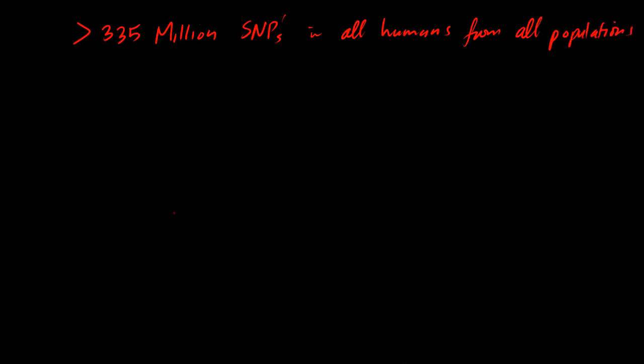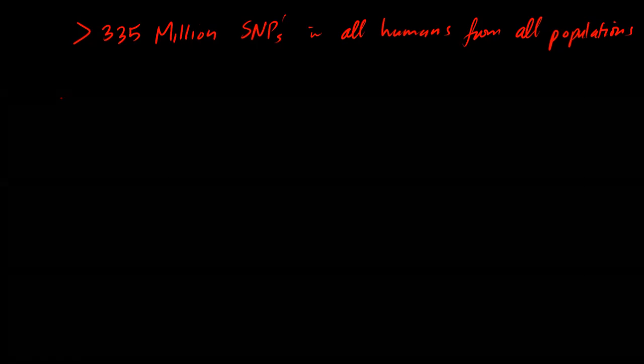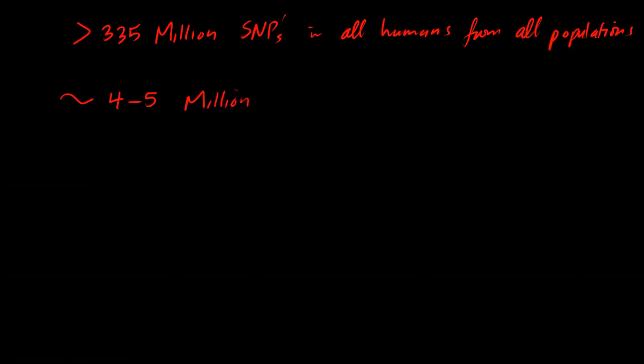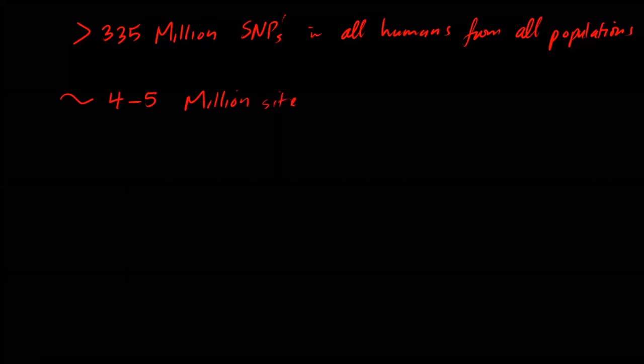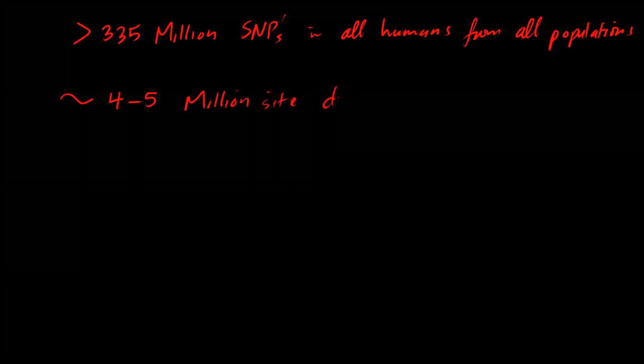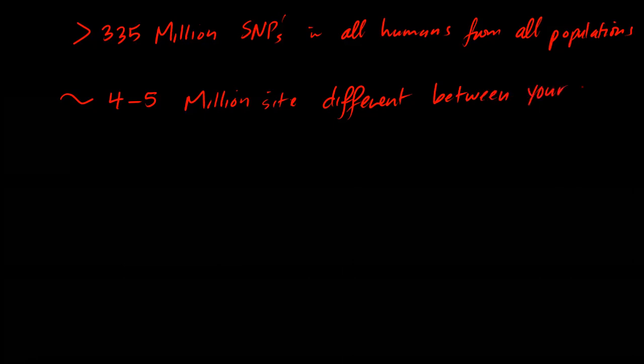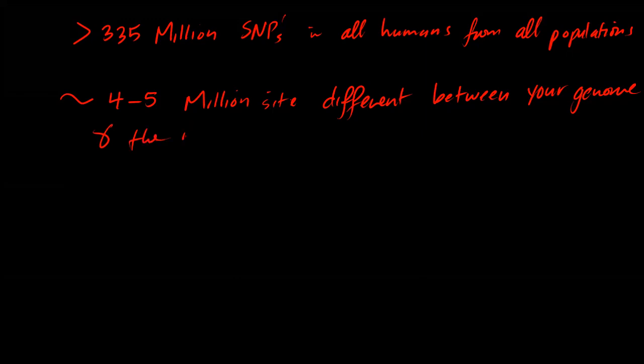Okay? So within the human genome, there will be approximately 4 to 5 million sites different between your genome, like any genome, like my genome, your genome, and the reference human genome.